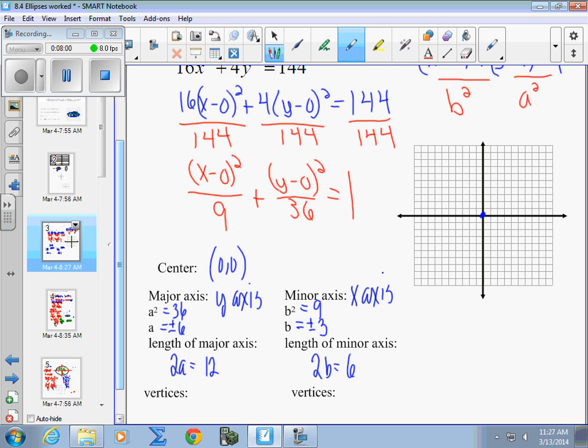The reason you have found A as plus or minus 6 is because you're going over 6 units to the right, 1, 2, 3, 4, 5, 6, and going negative 6 units, 1, 2, 3, 4, 5, 6 units. We'll do the same thing for the minor axis. We're going up 3 units, 1, 2, 3, and down 3 units, 1, 2, 3.